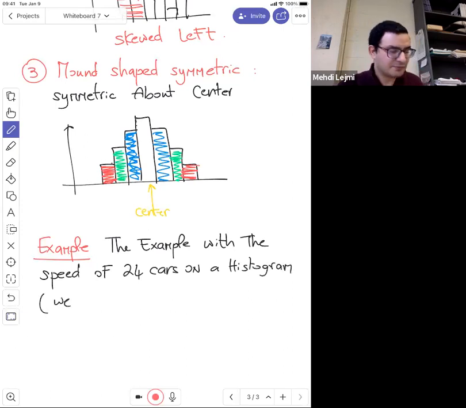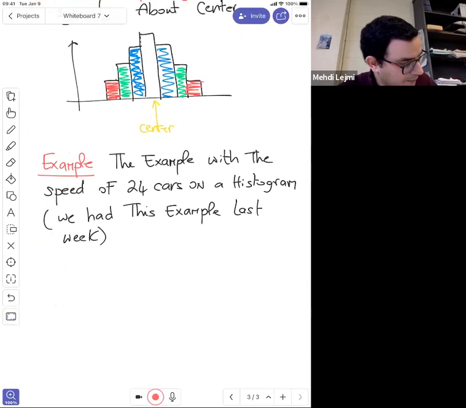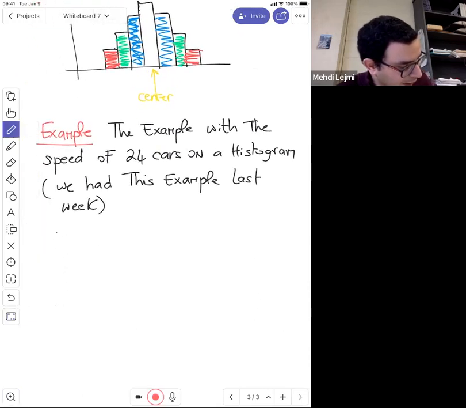I won't write down the data values again. Anyway, the goal here is to describe the histogram, so the shape of the histogram.